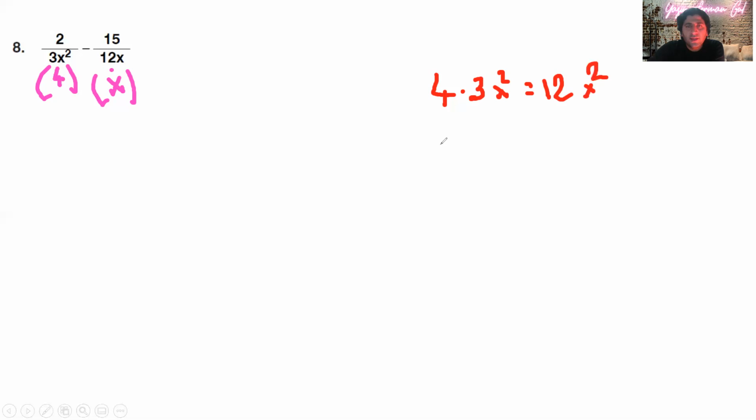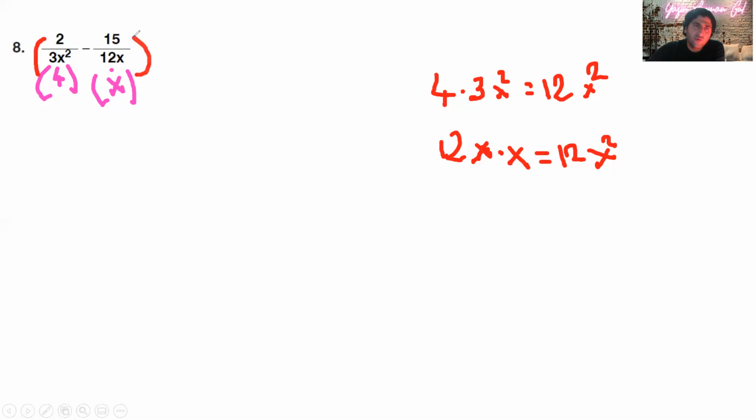And then 12x times x equals 12x squared. That's why I use x for this: x times 12x will be 12x squared, and 4 times 3x squared will be 12x squared. So now my denominators will be equal. Then we said we're going to multiply this with the numerator as well.